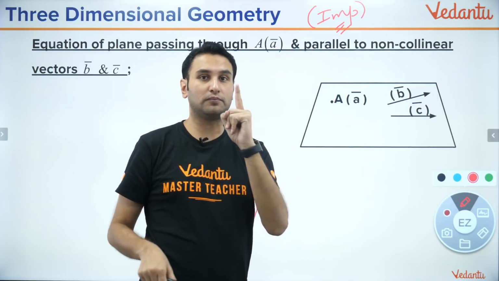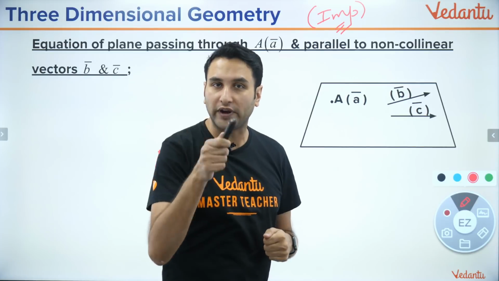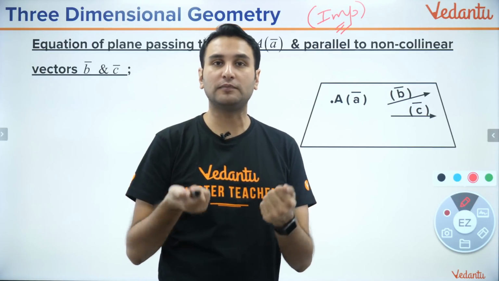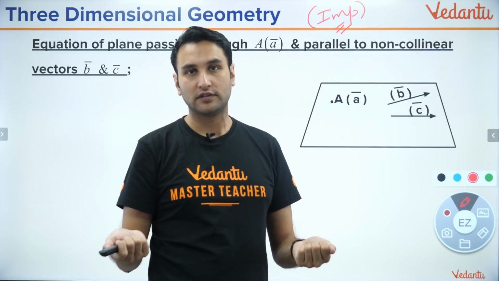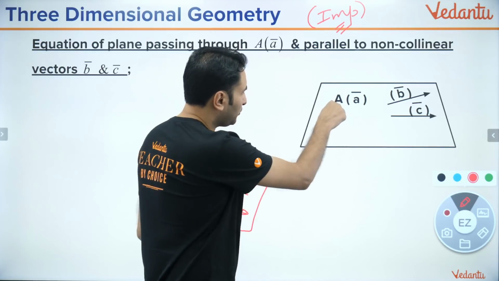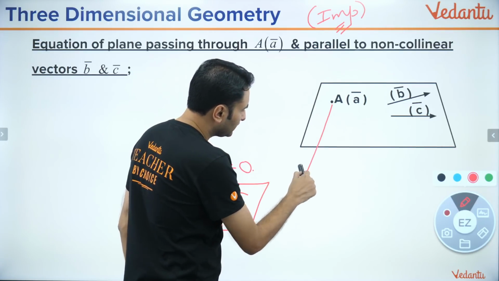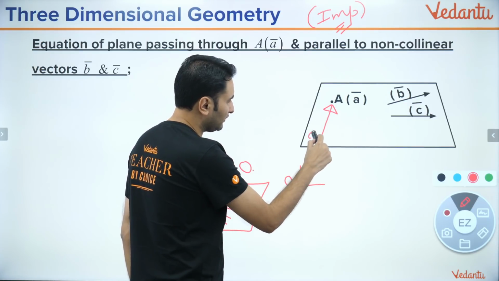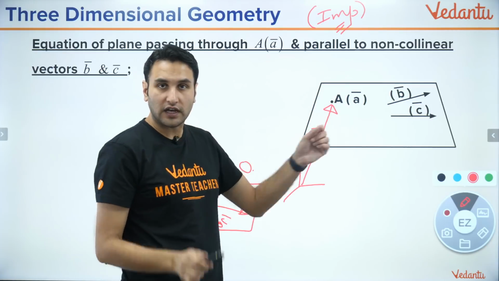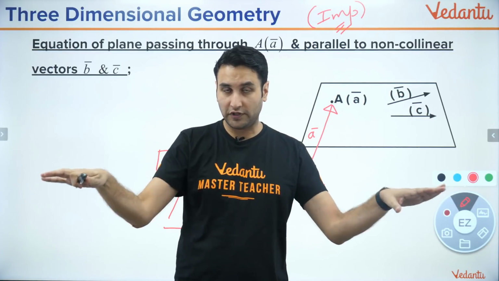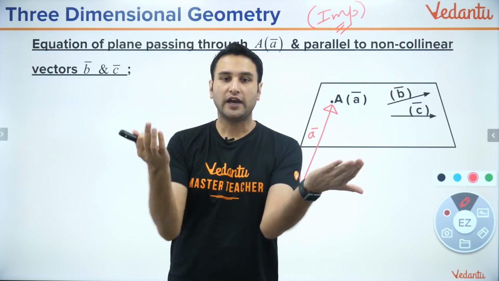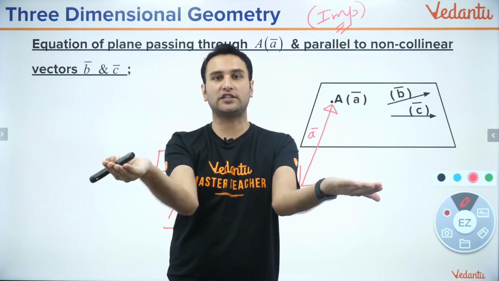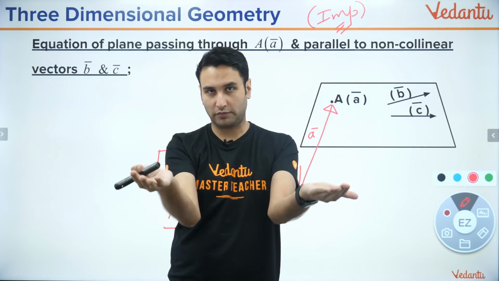What is given? 1 point. Children, whenever a point is given in the vector form, that is the position vector of the point, okay? So point A is given, meaning position vector is given, this vector, okay? So this is A vector. So what is given? A point which lies on the plane, so its position vector is given, and 2 free vectors, that is the 2 directions are given which lie on the plane.